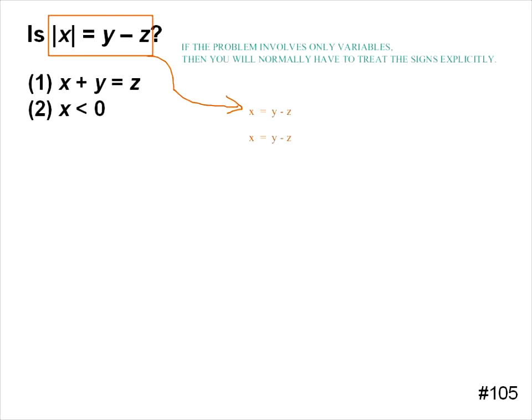Or what you can do is actually switch the sign of x instead of switching the sign of y and z. That'll make your job easier, because then you just have to know which way x goes. This is only going to be valid if x is 0 or positive.